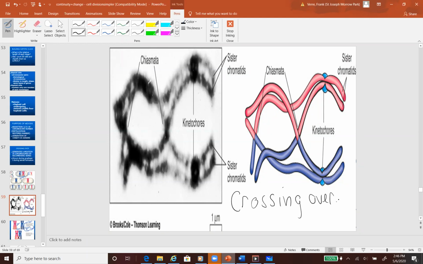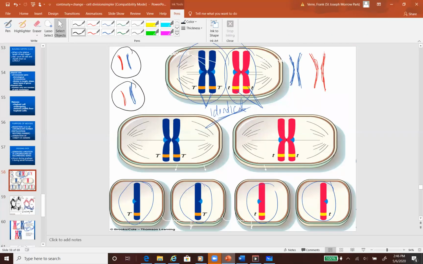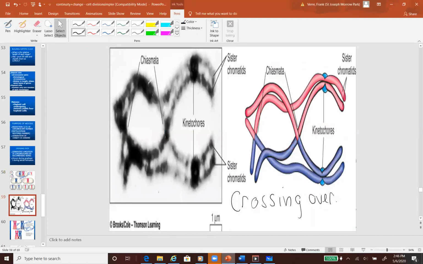So if we go back to the example that we did, we used a color to represent mother and a color to represent the dad, right? We said, for instance, red is dad and blue is mom, okay? Which, if I think about it, I should have gone with the other way around, right? But anyways, if I look at what happened in crossing over, you'll notice something interesting.